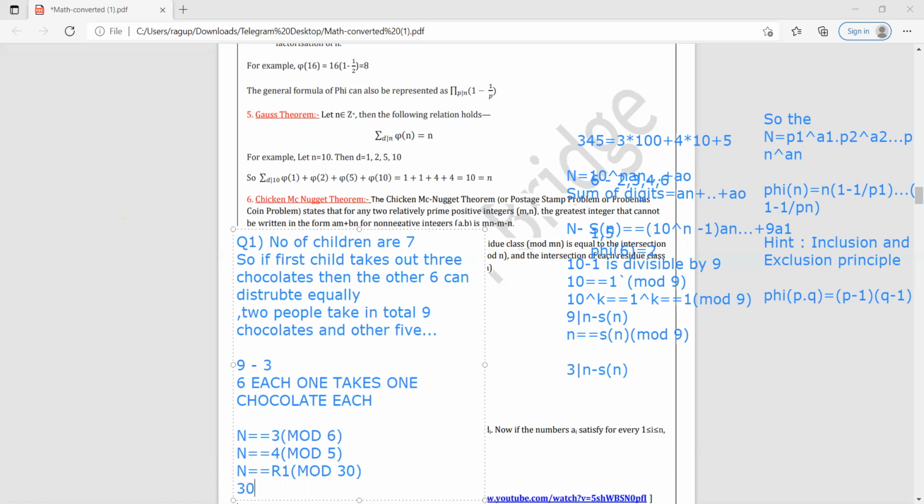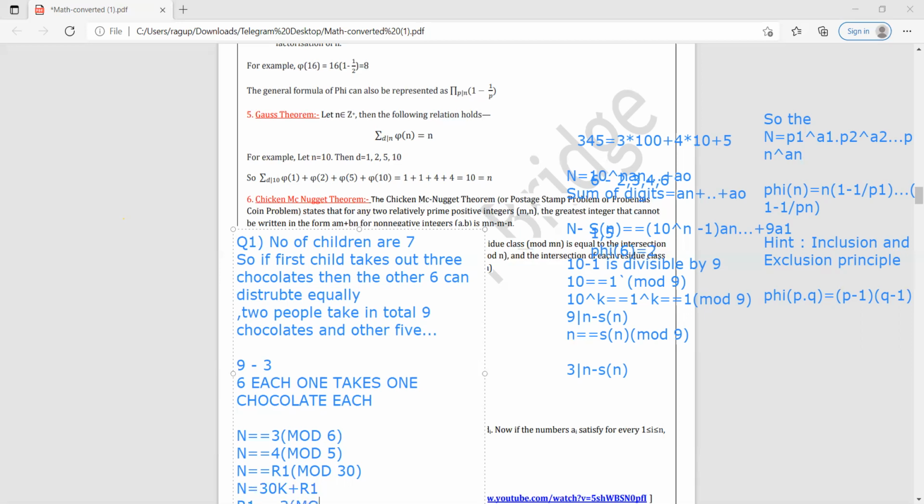So we know that 30 is the product. We also know that n is congruent to 3 mod 6. So if n is equal to 30k plus r1, then working this out in mod 6, we get that 6 divides 30k, so r1 has to be 3 mod 6.